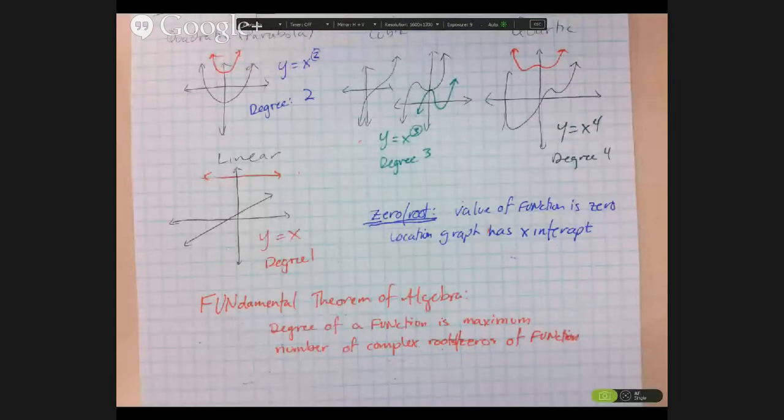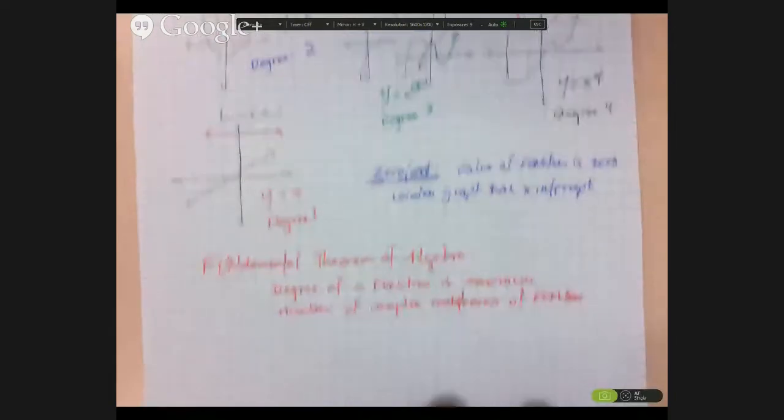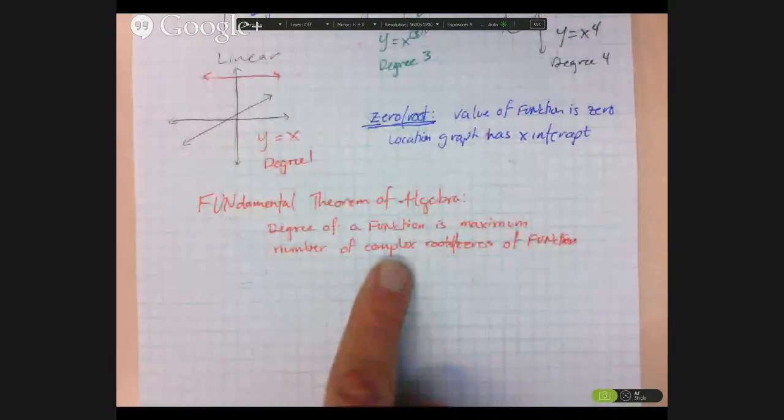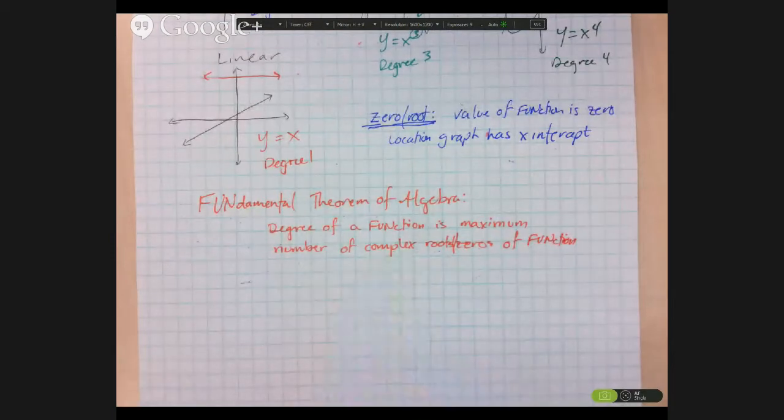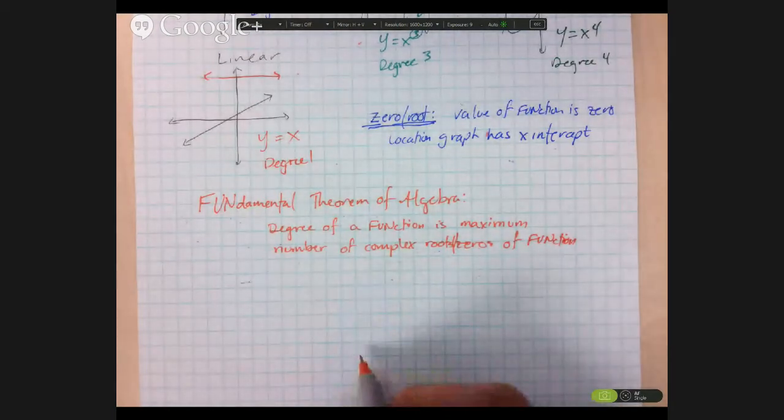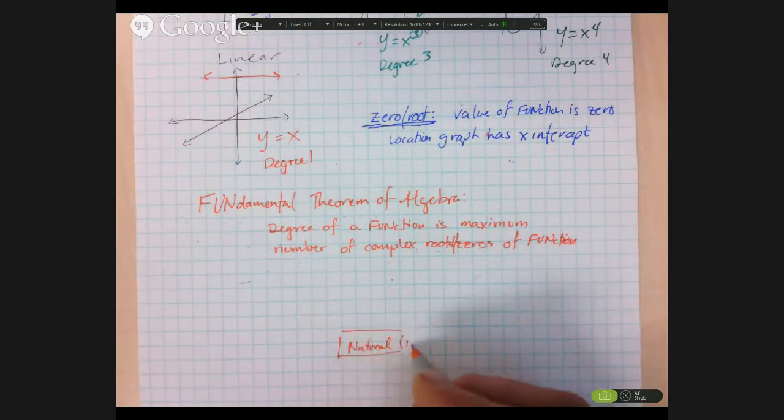You guys remember your number systems? Okay, why didn't I put that it's real solutions or zeros? That's the question. So your number systems, we'll see if this rings a bell. Remember these?